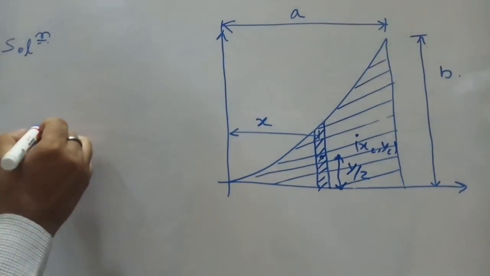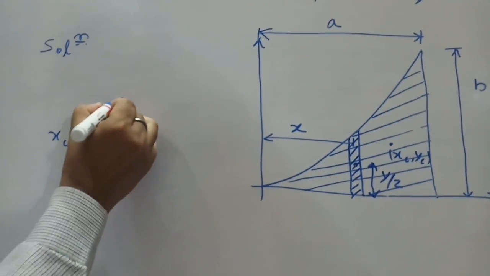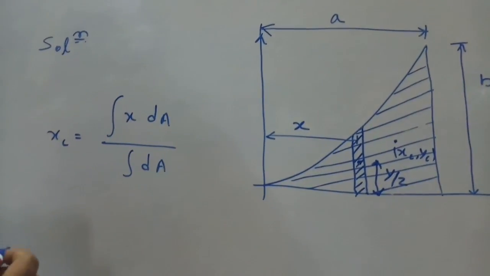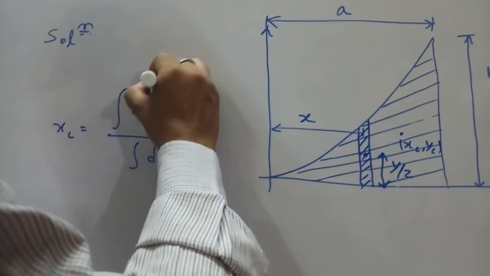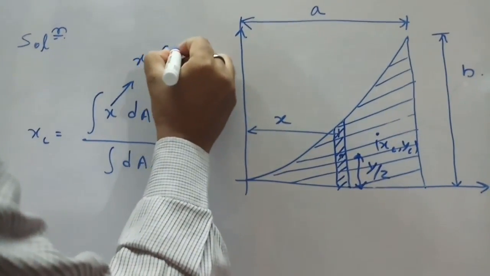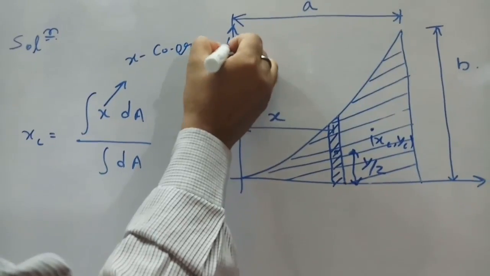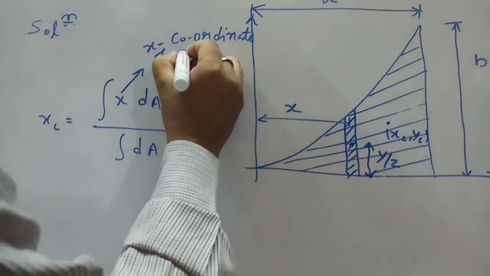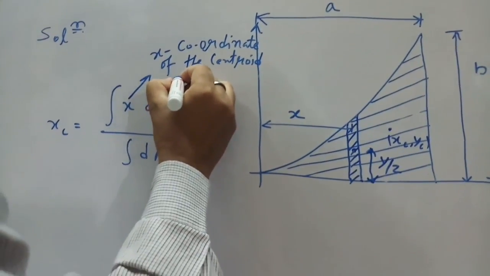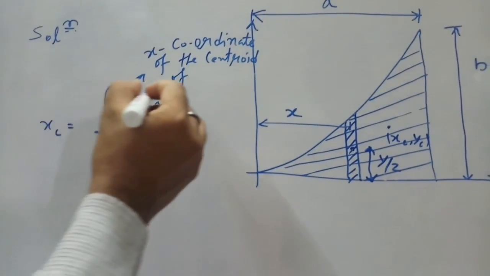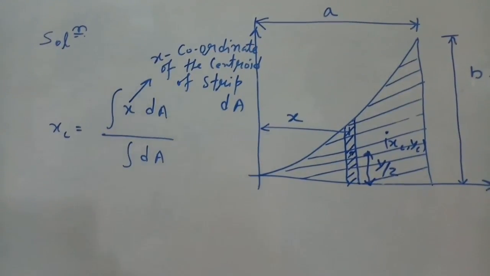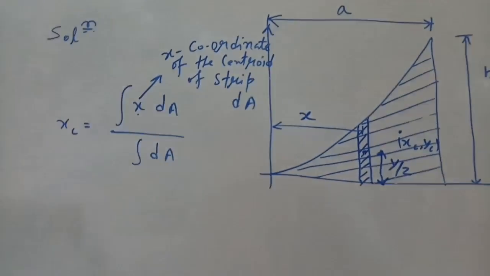From the formula of integration, x equal to integral x dA by integral dA, where x denotes the x coordinate of the centroid of the strip dA. This is the x coordinate of the centroid of the strip dA.